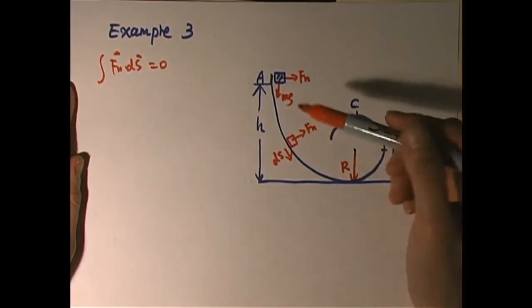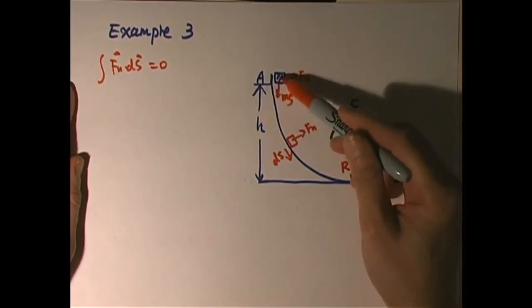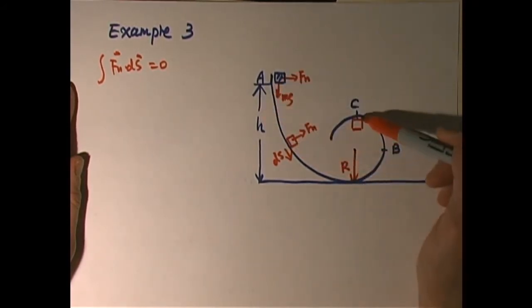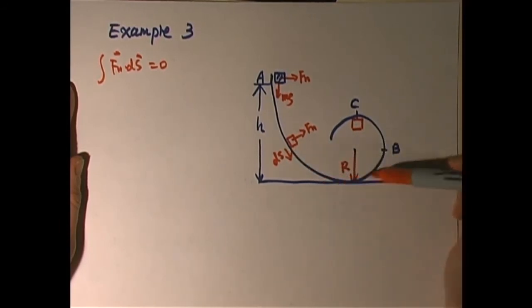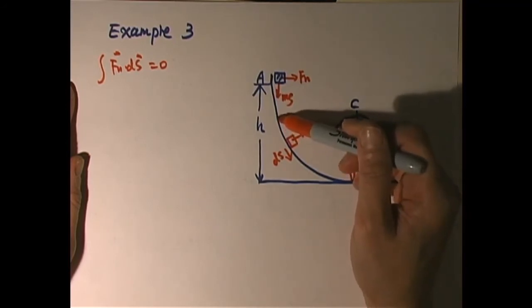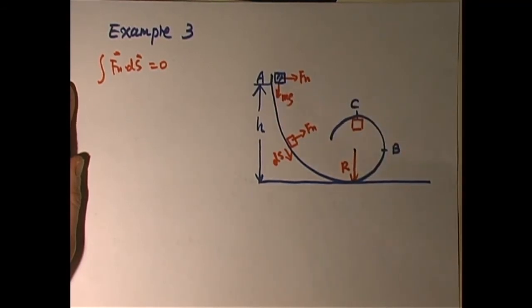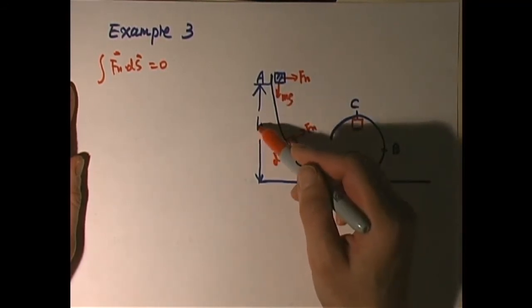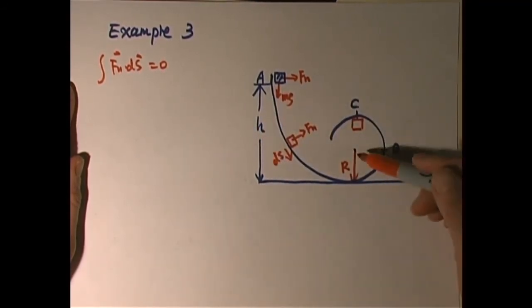We can imagine that if this H is really low, if we start our block somewhere even below point C, certainly it will not go up to point C. So maybe it has to be a little bit higher than that. We have to figure out H is more than or equal to 2R.